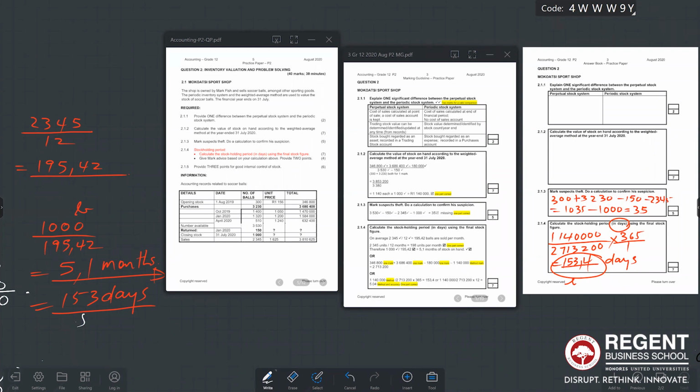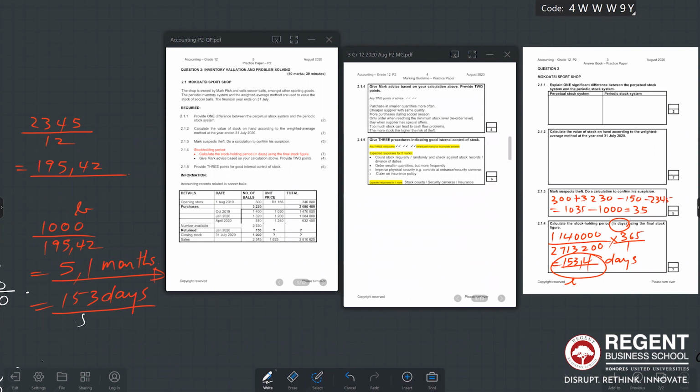Now, in order to give him advice, you think logically. The soccer balls are going to last 153 days. It's too long. You're holding too much stock.